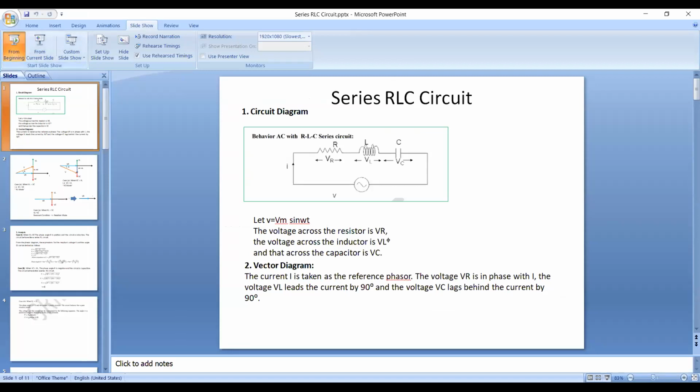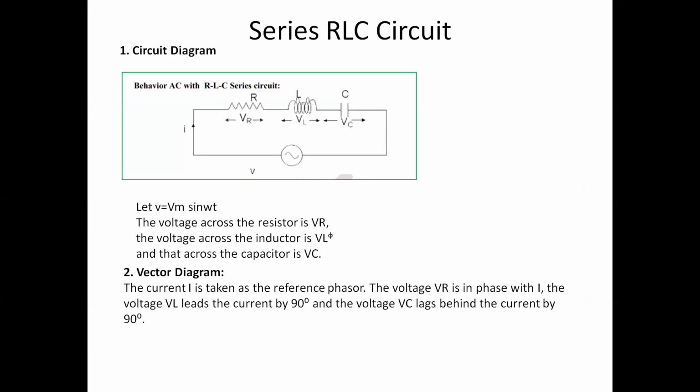So yesterday we discussed the working of RL circuit and RC circuit, right? What we observed is that whenever we consider a practical inductive circuit, that is RL circuit, and a practical capacitive circuit, which is RC circuit, the power consumption is not zero.